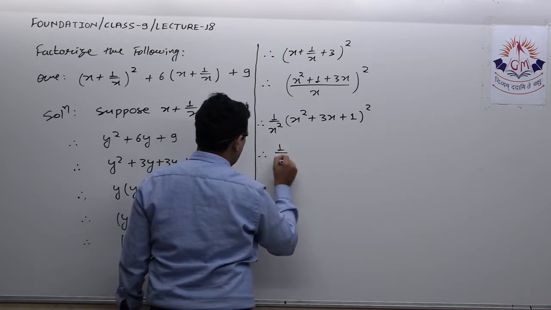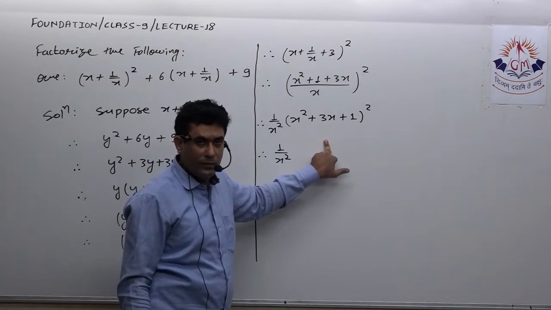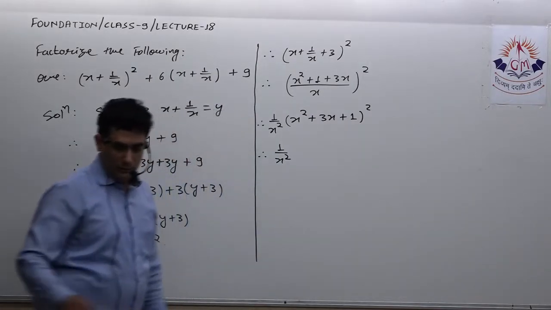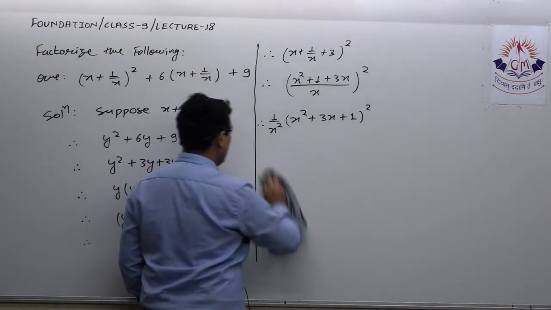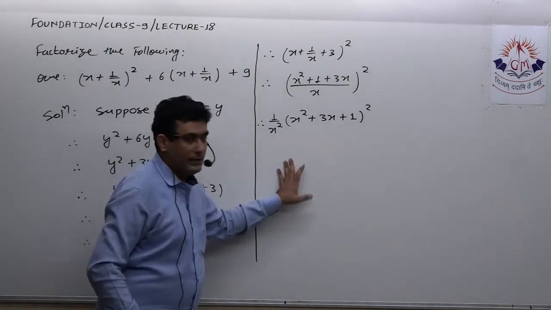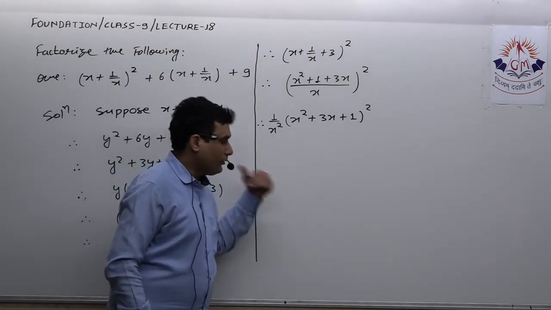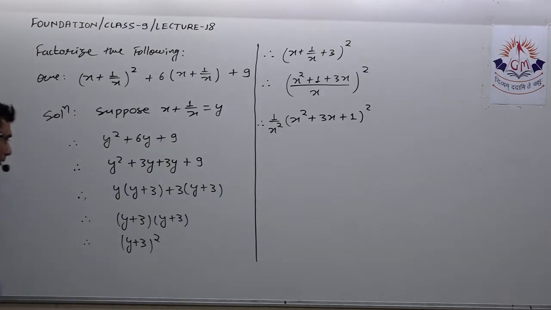So this 1/x² remains as it is. Is it possible to factorize further or not? We have to check. So think for a while. If it is possible, try to find the factors and then you will get all the factors of the given expression. Then I will give you the remaining solution.